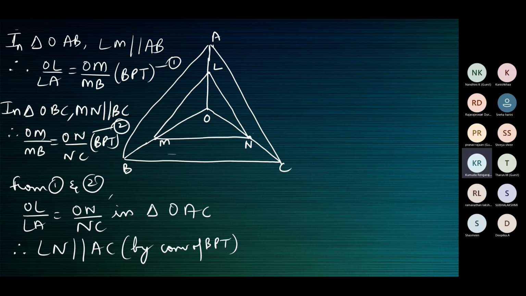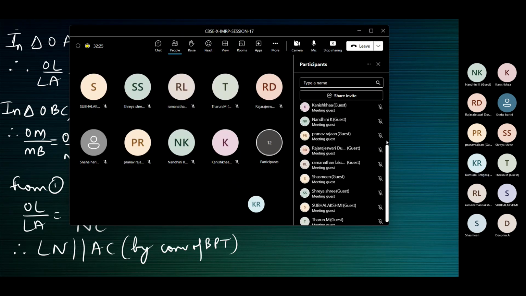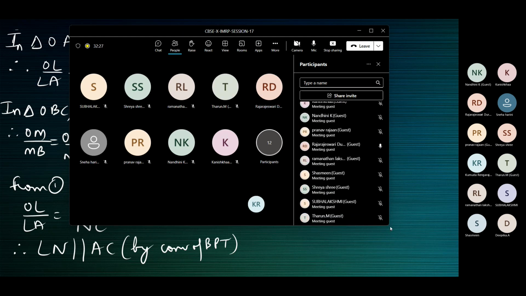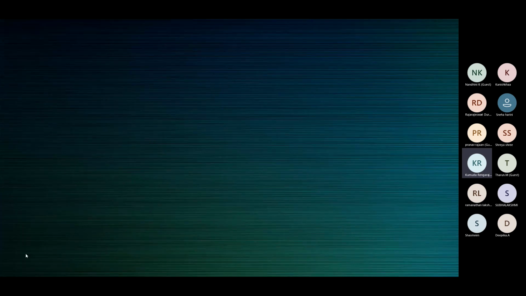Okay, next one. Any point X inside. Have you all written the question? Look into your book for the question. I'm using the second one.